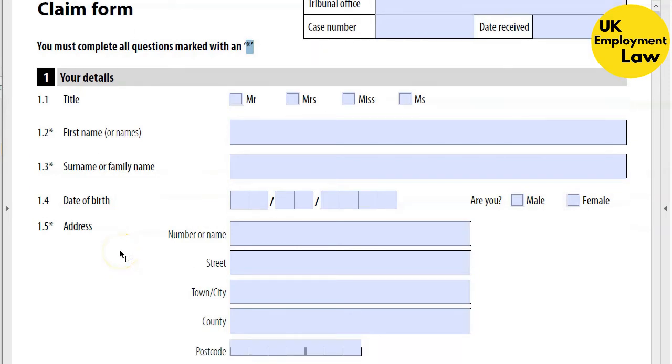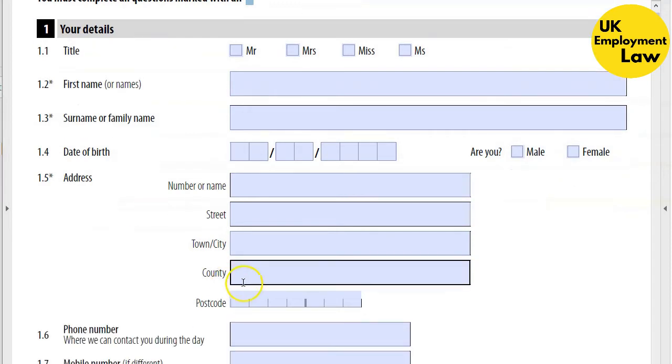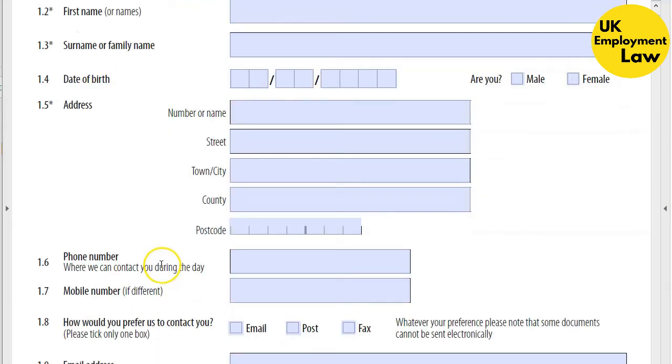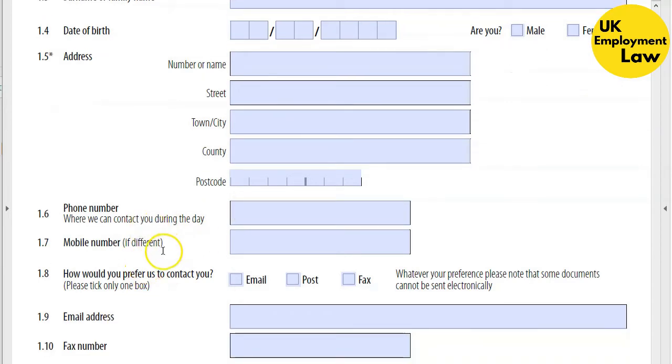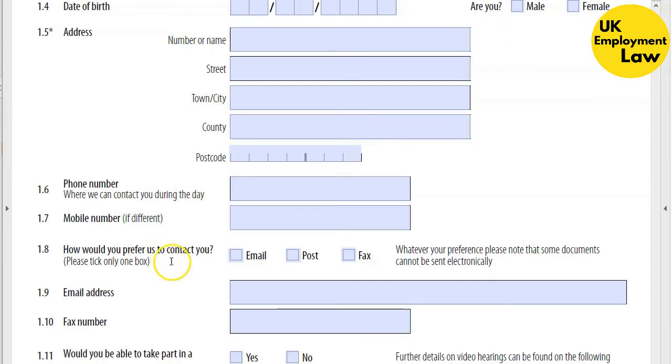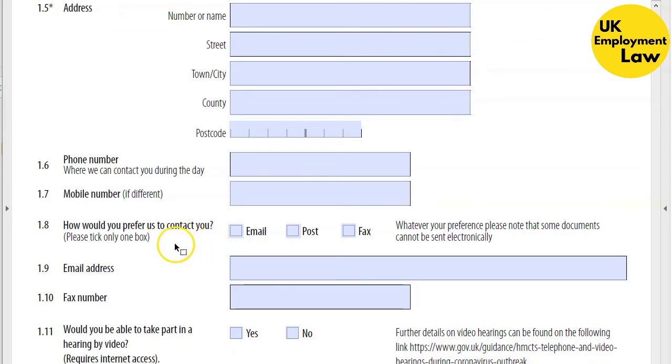1.5 is your address. Please enter your full address, including your postcode and county. 1.6 is your phone number, including the city dialing code if landline. 1.7 is your mobile phone number. 1.8, this asks you what you would prefer for contact purposes.